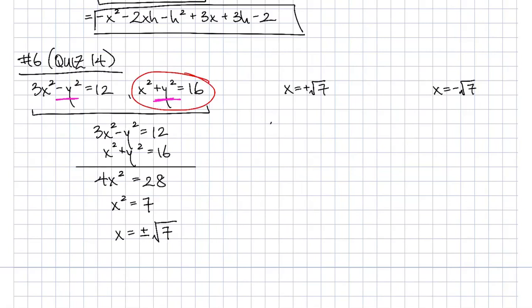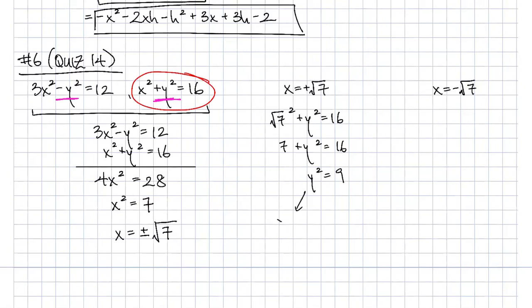So I get square root of 7 squared plus y squared equals 16, or 7 plus y squared equals 16, or y squared equals 16 minus 7, which is 9. And here again, I have to be careful.